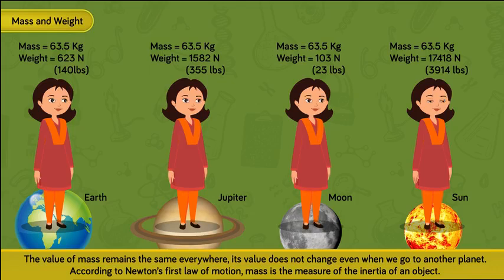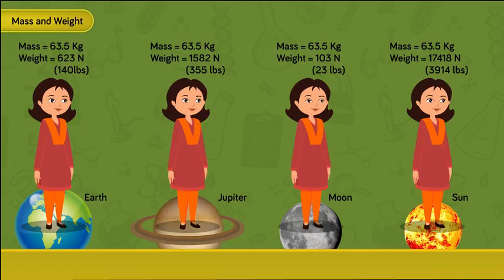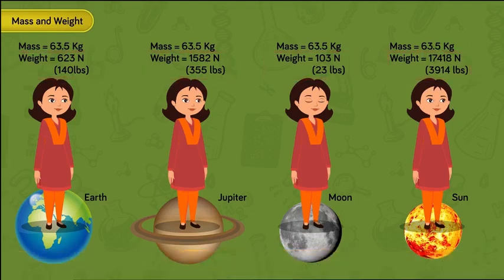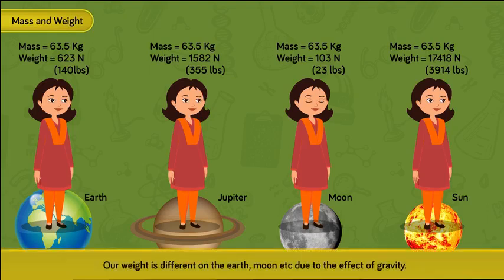According to Newton's first law of motion, mass is the measure of the inertia of an object, whereas weight of an object changes from place to place, as the value of g is changing from place to place. As seen in the picture, weight is changing as we change the planet or satellite, but the mass remains the same. That means our weight is different on the Earth, Moon, etc. due to the effect of gravity.